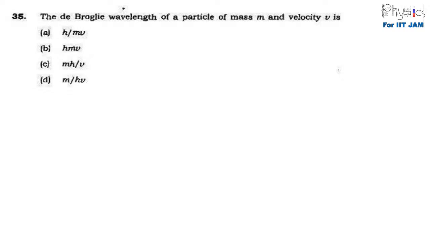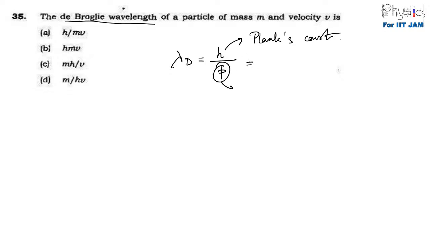Yes, absolutely. It is lambda equal h by p equal h by mv. That is the de Broglie wavelength, lambda d equal h by p, where h is our Planck's constant and p is our linear momentum.